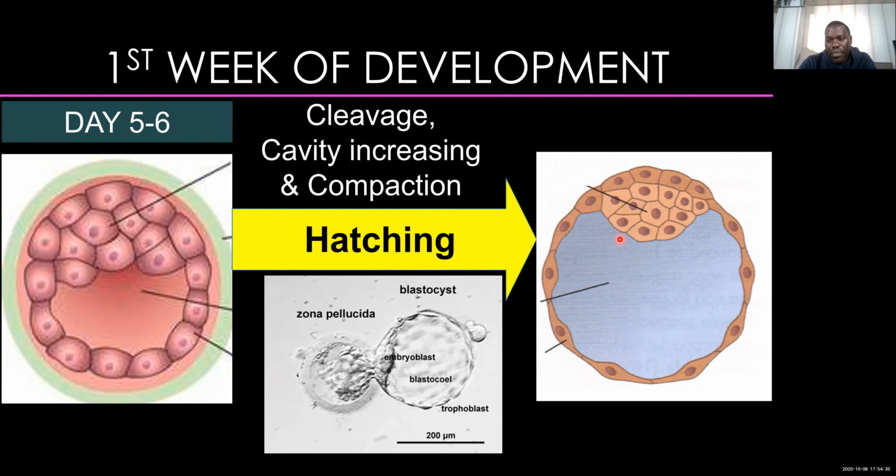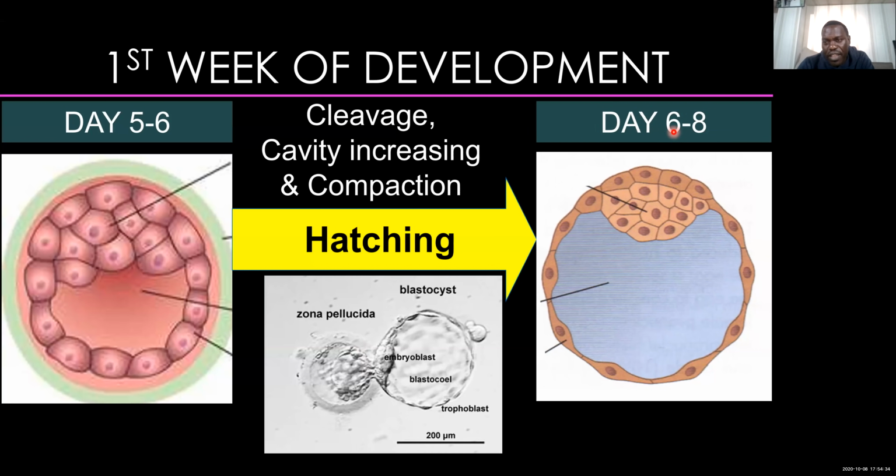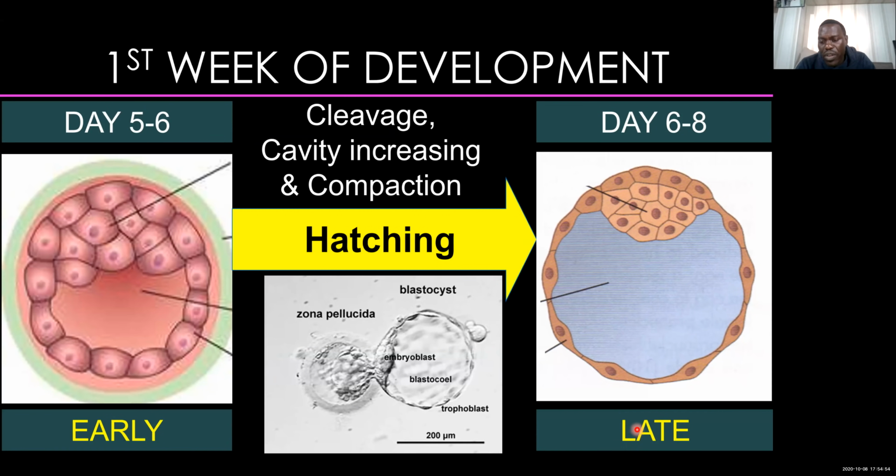This structure, we will have it from the 6th day up to the 8th day. We still call it the blastocyst, actually. But to distinguish this type of blastocyst from this type, we call this one the early blastocyst, and this one the late blastocyst.